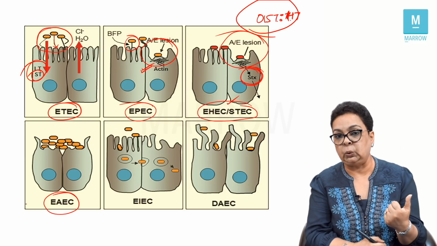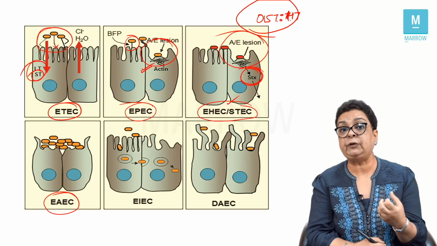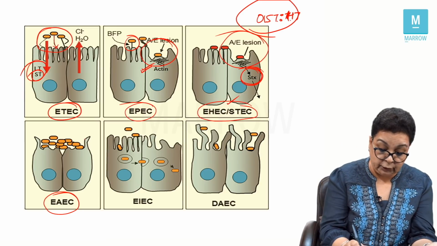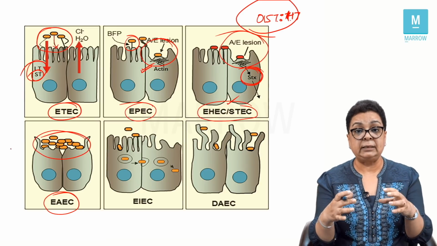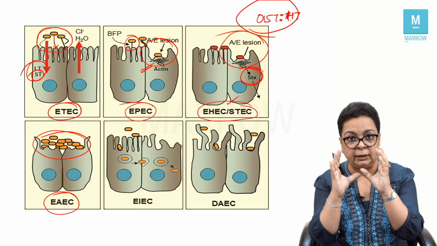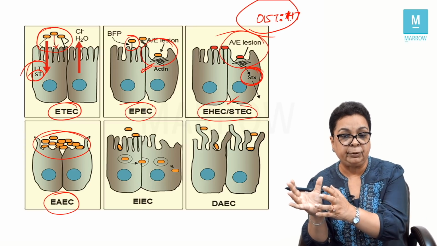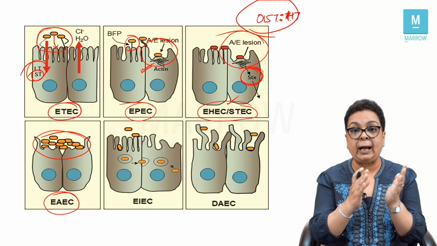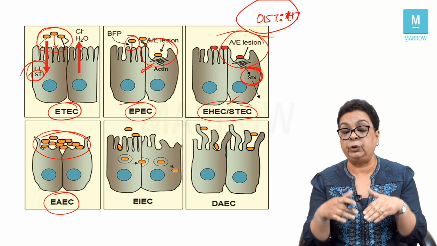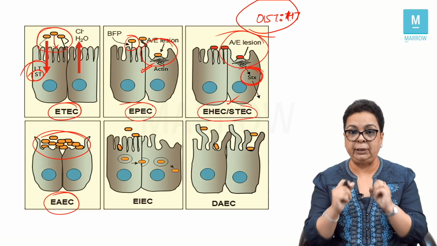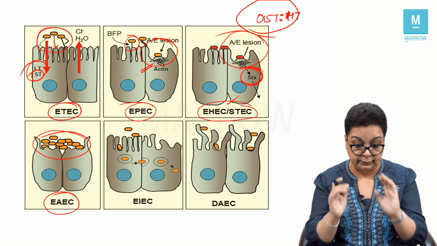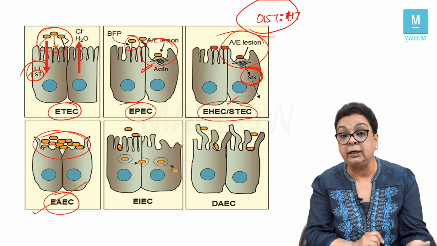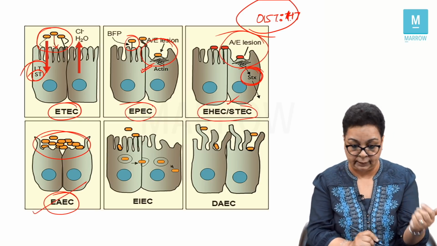Enteroaggregative Escherichia coli is a common cause of persistent diarrhea beyond 15 days. They first adhere by aggregative adherence fimbriae, and then they secrete a toxin called enteroaggregative stable toxin, which also increases cyclic GMP, leading to the secretion of ions into the intestinal lumen. So this is a cause of persistent diarrhea. It is also a cause of traveler's diarrhea.